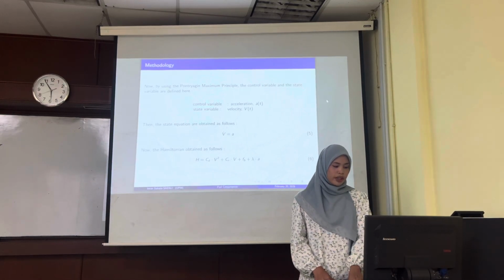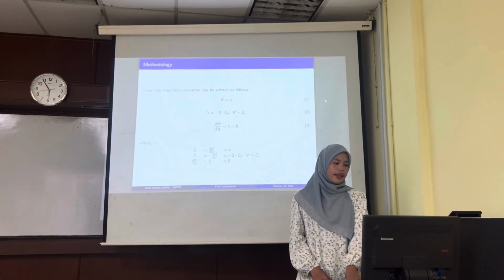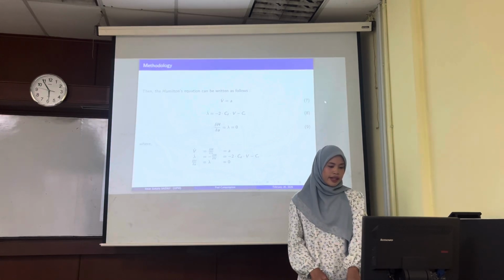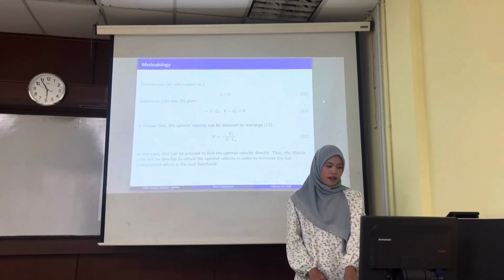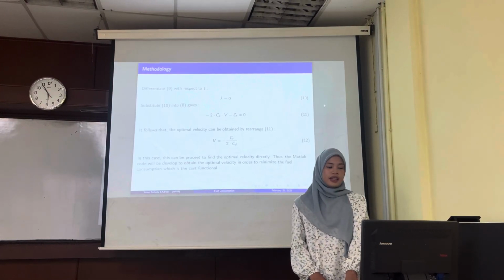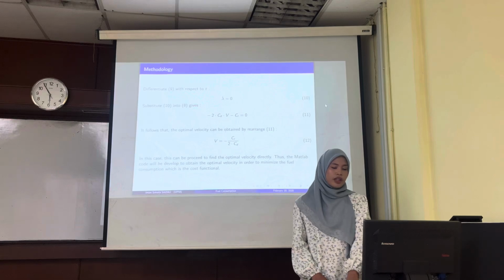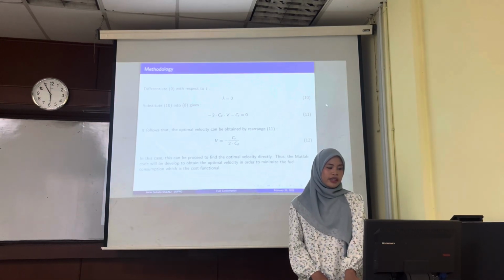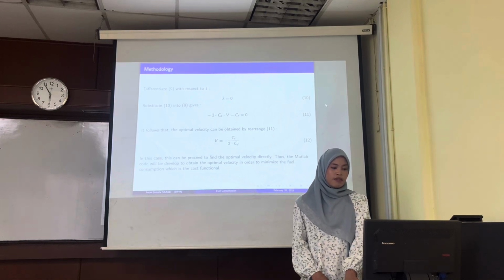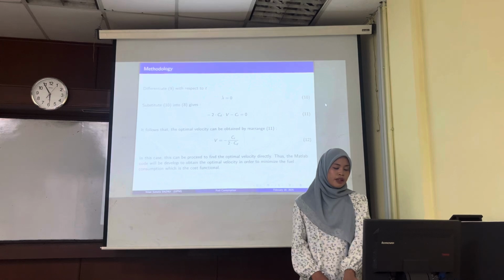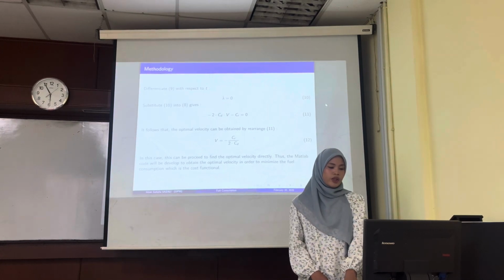The Hamiltonian is obtained as follows, and then the Hamilton's equations can be written as equations 7, 8, and 9. Then we differentiate equation 9 with respect to t. Then we get lambda dot equals 0 in equation 10, and then we substitute equation 10 into equation 8, which gives negative 2 multiplied by CD multiplied by V minus CR equals 0 in equation 11.